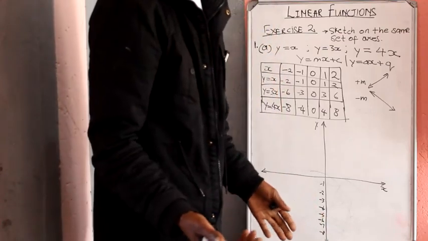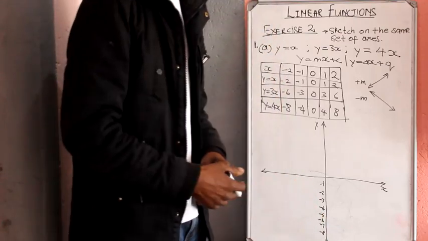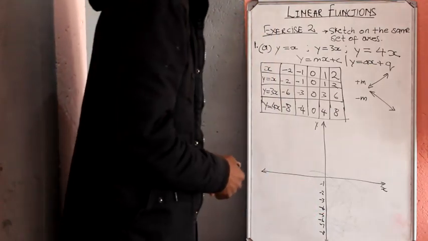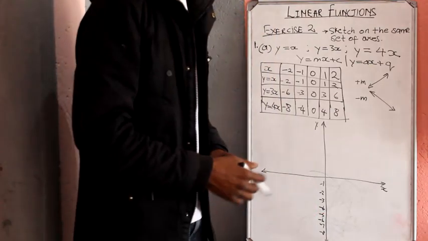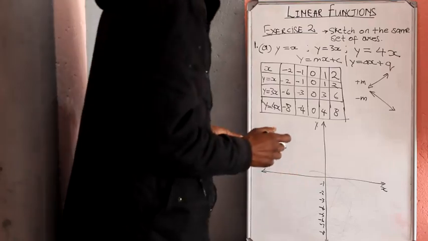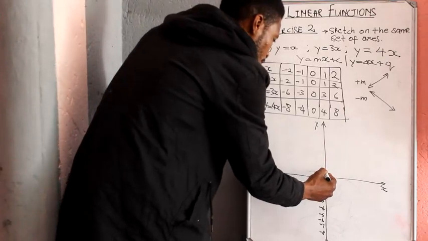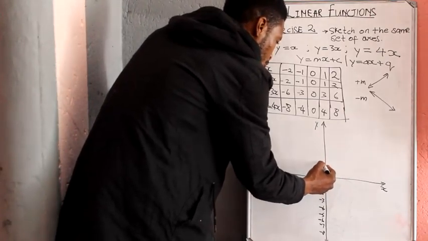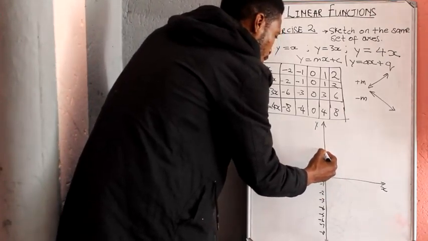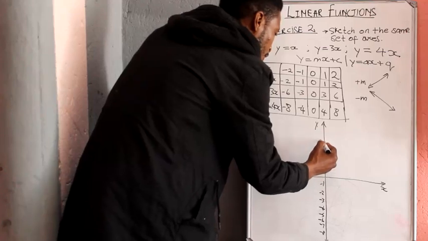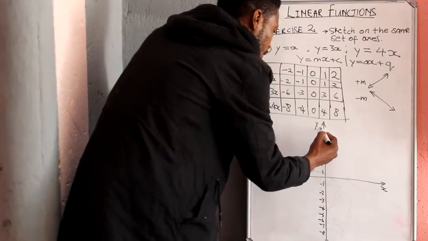Mine is not drawn to scale, but you have to do it to scale, because you're a student and you have to make your work neat. And then I'm going to go above: 1, 2, 3, 4, 5, 6, 7, and 8.